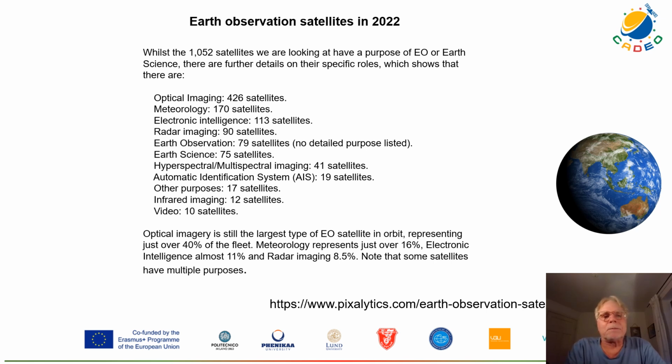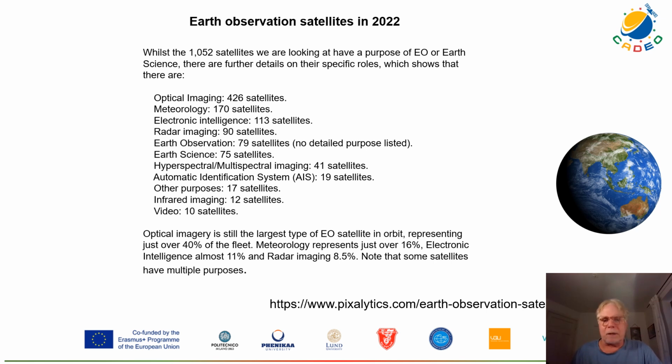We have about 79 Earth observation satellites here, Earth Science 75 satellites, but they are included in each other also. So we have multispectral imaging and hyperspectral imaging satellites. We have other purposes, infrared images, and so on. So the optical imagery are still the largest type. We have almost 500 of them.